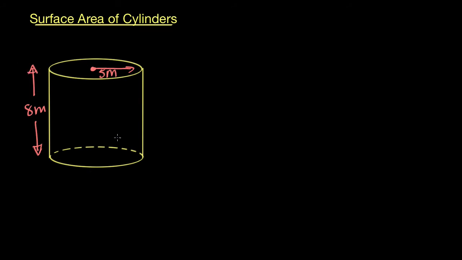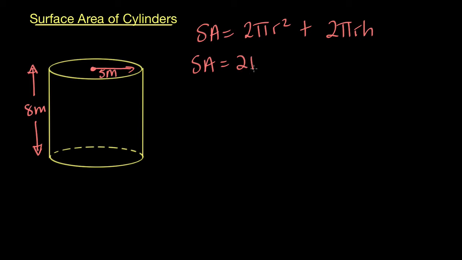And now we're going to try to find the surface area. So we're going to add all 3 layers. If you remember the formula we had, surface area is 2 pi r squared, because we have 2 circles, and then we figured out that the area going right around is 2 pi r h. So let's plug in these values and see what happens. We've got surface area is 2 pi, and for r squared, I'm going to put that in a different color.